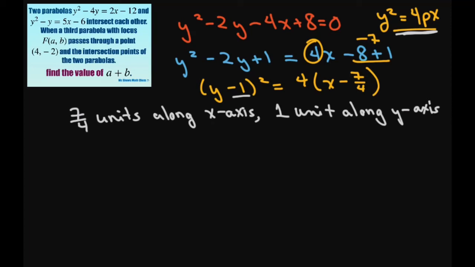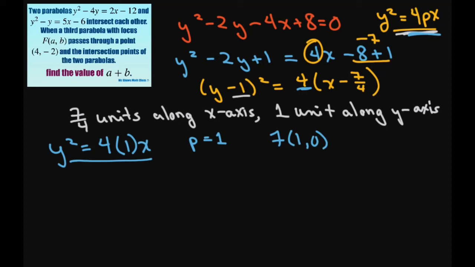If you look at our standard equation, y squared equals 4px, and we have a 4 here, so p equals 1. So if we just look at this equation, our focus is at (1, 0), and our directrix is at x equals -1.